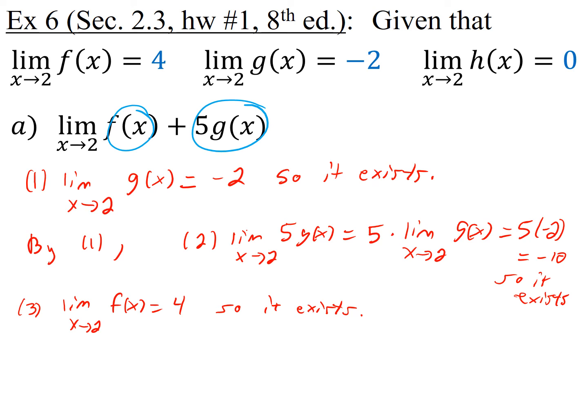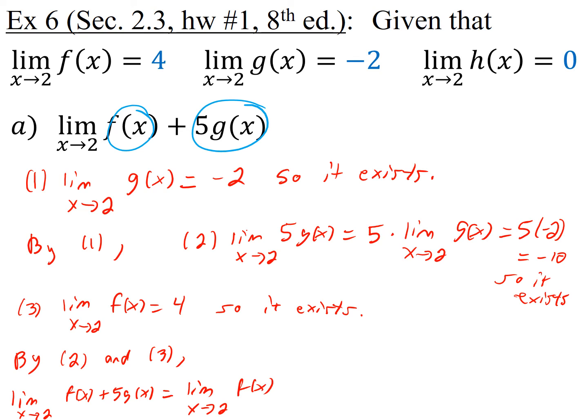So now I'm going to write down, by 2 and 3, here's the equation now. The limit as x goes to 2 of f of x plus 5g of x is equal to the limit as x goes to 2 of f of x plus the limit as x goes to 2 of 5g of x.